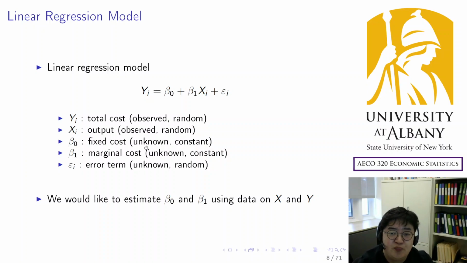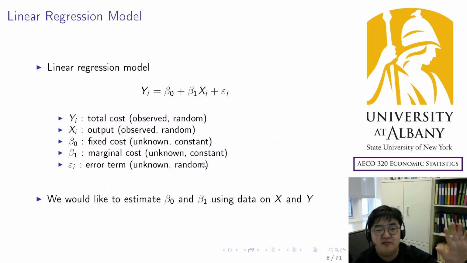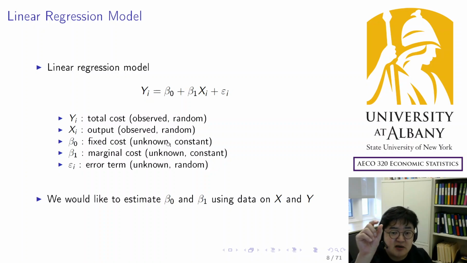We do not know what beta 0 and beta 1 are. They are parameters, and they are constant. They don't change. If they change from month to month, then our analysis breaks down. So we should assume that the fixed cost is the same and the marginal cost is the same throughout a year, so we have a constant target.